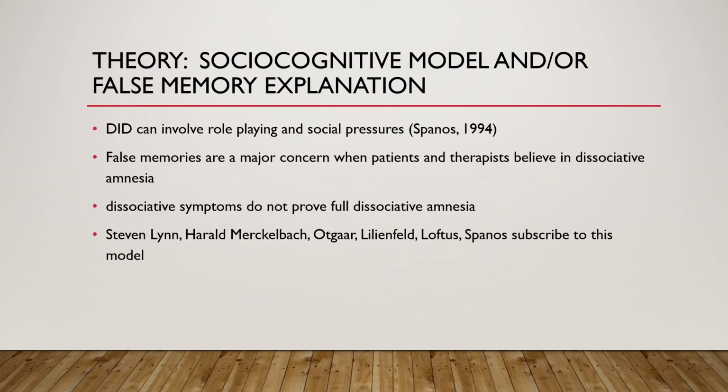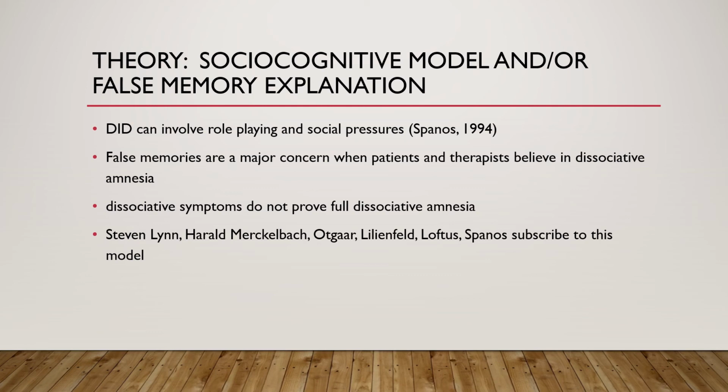And also, these theorists point out a jump in the logic of trauma dissociation theory. That is, they argue that, yes, dissociative symptoms may occur after trauma, such as feeling depersonalized, but those dissociative symptoms and those scales that measure dissociation do not prove anything about full dissociative amnesia, which involves extraordinary forgetting and then extraordinary remembering.